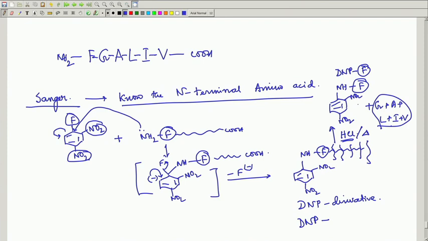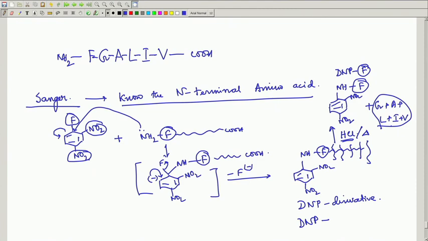So, you can have a UV detector and you can immediately know, for the dinitrophenyl derivatives of all the 20 amino acids, what is their retention time in the column, and then from there you can match which is matching. If you see that it is matching with phenylalanine, then you know that the first amino acid is phenylalanine.